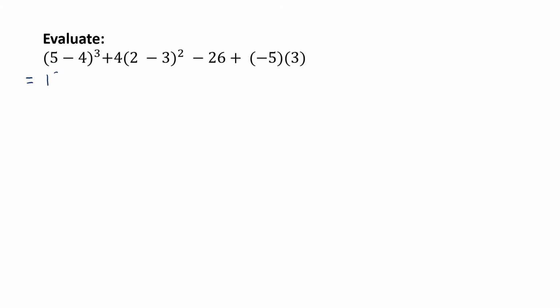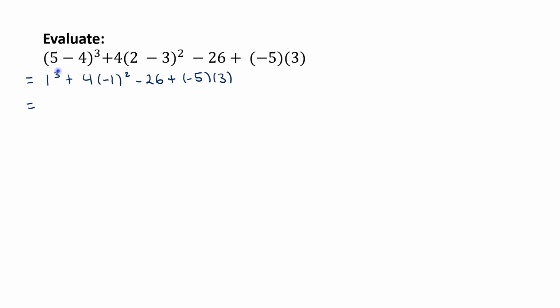So this is equal to 1 cubed plus 4 times 2 minus 3, which is equal to negative 1. So 4 times negative 1 squared. And minus 26 stays the same. And plus negative 5 times 3. We'll leave that for now since they are both just integers. After brackets, we do exponents.